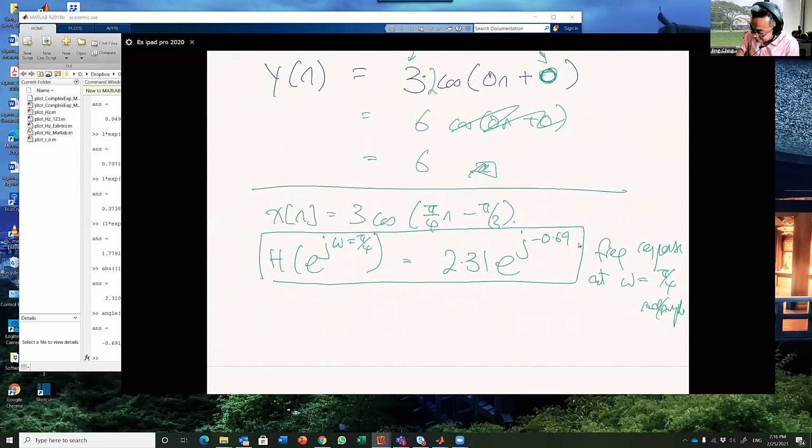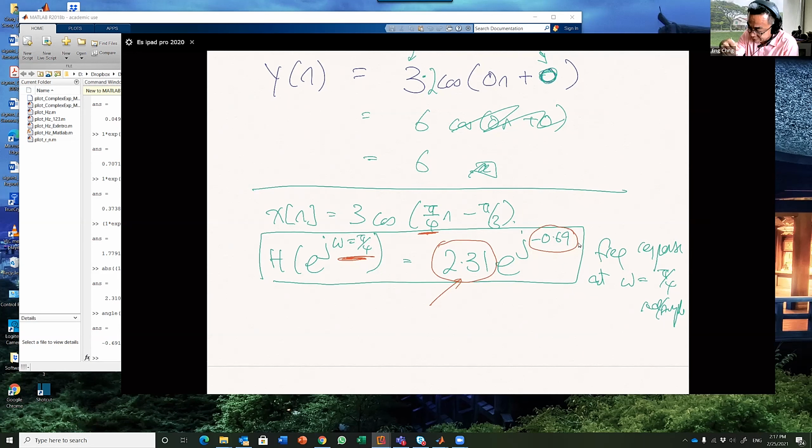What it means is it's telling you, if you send me a complex exponential at this frequency, I will multiply it by this amplitude and I will phase shift it by this phase. So my input is a complex exponential. Actually, there are 2 complex exponentials. One is at positive pi over 4n.